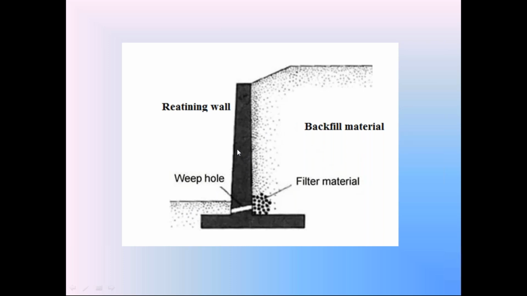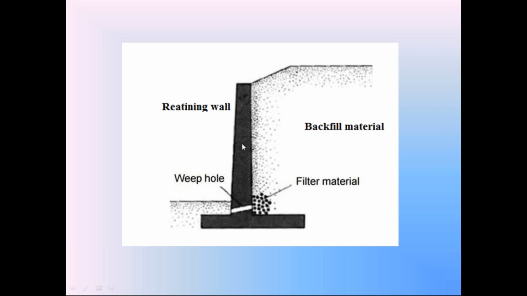Please observe, we are assuming this is not real. We are assuming that the retaining wall has some millimeters, like 10 or 15 millimeters of horizontal movement in the left side direction. Then the retaining wall is moving away from the soil on the back side and moving towards the soil on the front side.